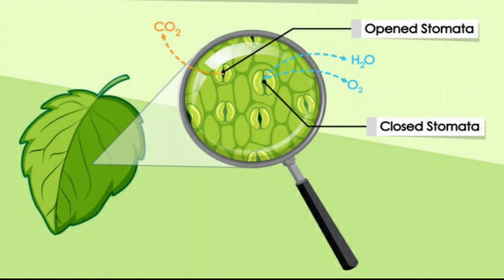Through leaves. Leaves have pores called stomata on their surfaces. Pores means tiny holes or openings. We cannot see stomata as they are so tiny.